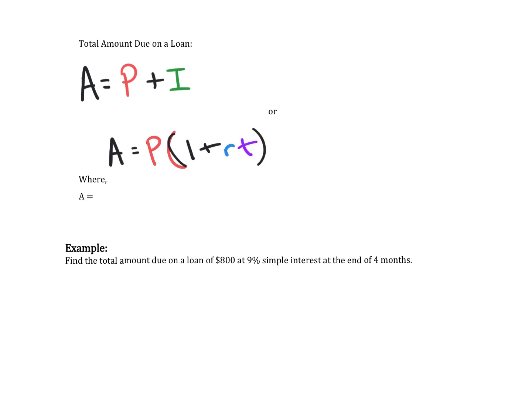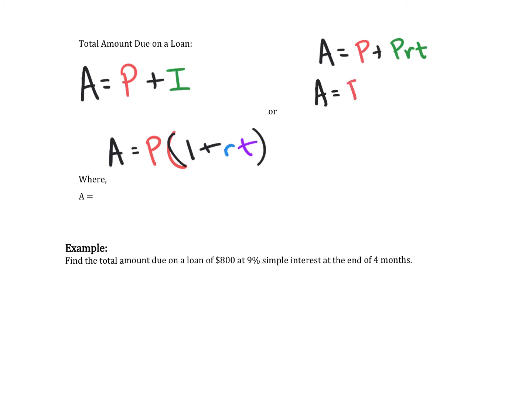And this formula actually comes from substituting in for the interest. We know I, and we work this out, A is equal to P plus, well, we know I is just PRT. Since both these terms have a P in it, we can factor the P out algebraically.